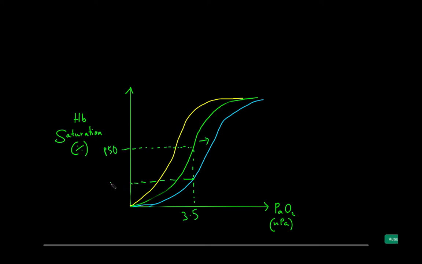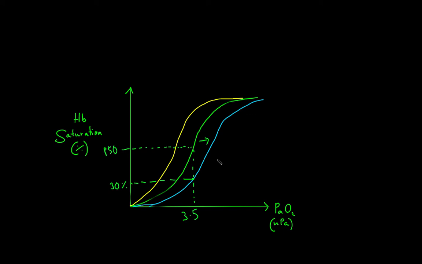Let's take it to be 30%. Okay, so that shows that at a given partial pressure of oxygen at 3.5, the hemoglobin is only 30% saturated when the curve shifts to the right and 50% saturated in normal circumstances. That means that the hemoglobin has a reduced affinity for oxygen.